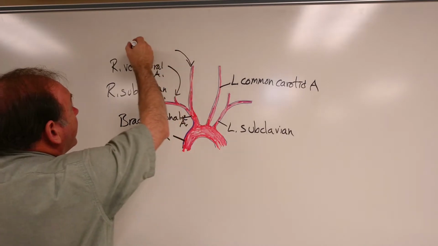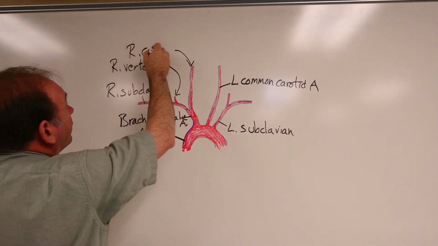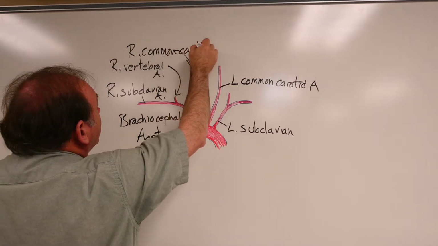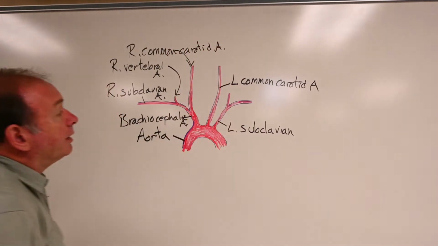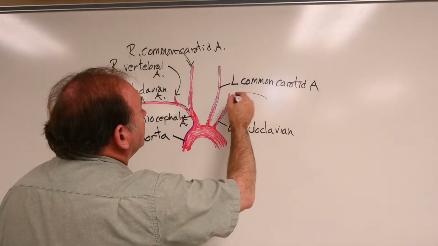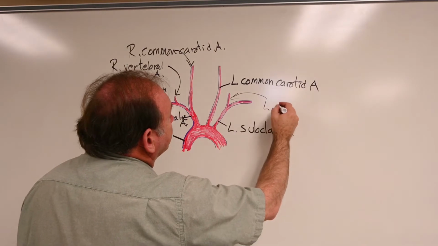And then here's our right common carotid artery. Off of our left subclavian right here is our left vertebral artery.